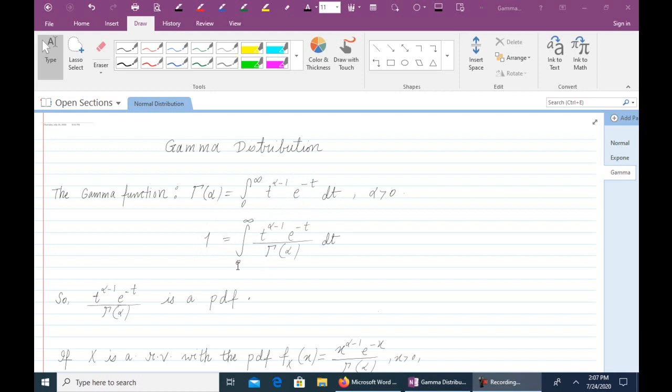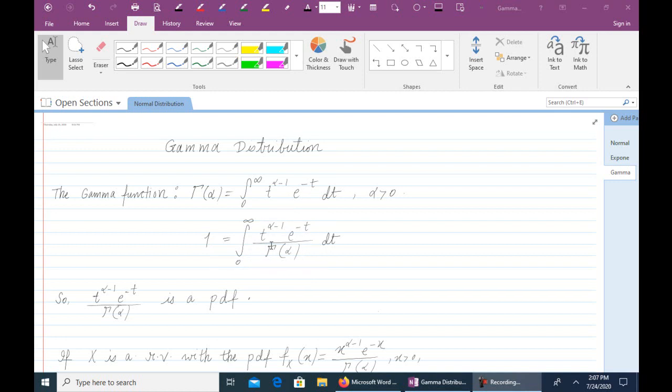So we get 1 is equal to the integral from 0 to infinity t to the alpha minus 1 e to the minus t divided by gamma of alpha dt. So as a result, since the integrand is non-negative and integrates to 1 from 0 to infinity, the integrand can be thought of as a density function.